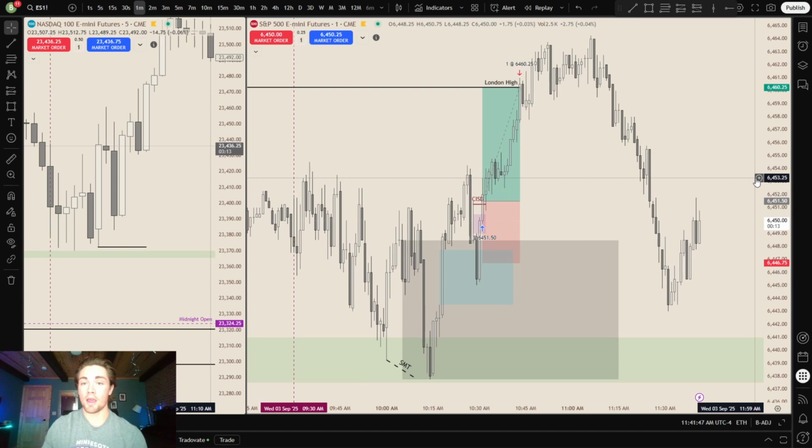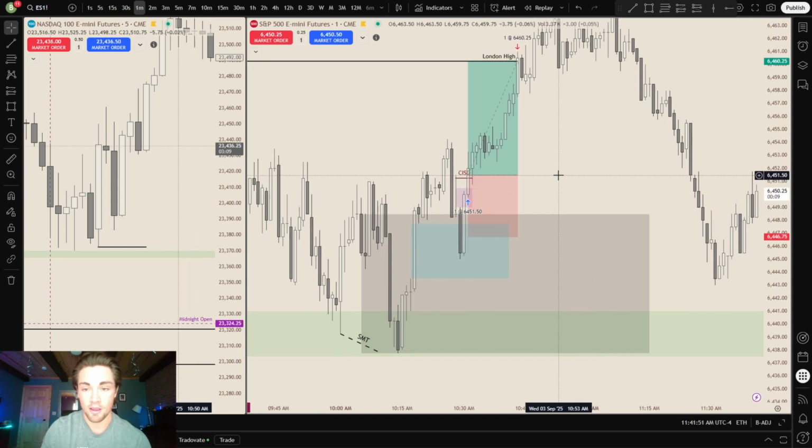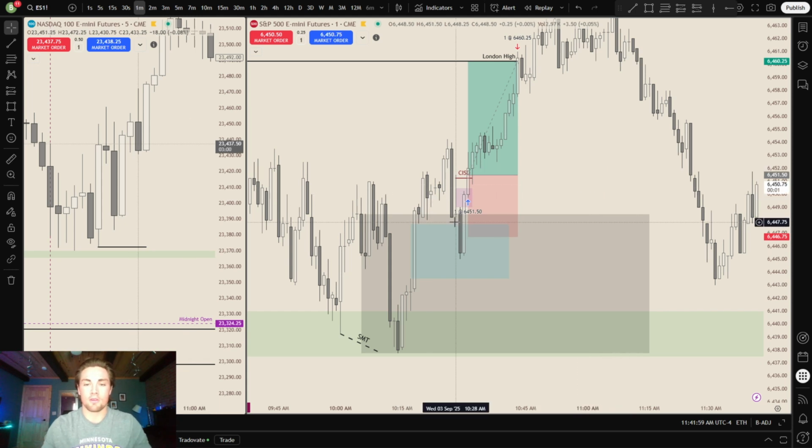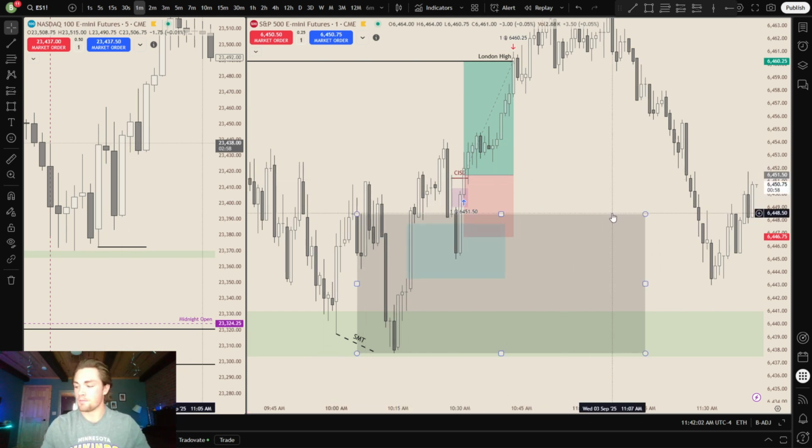I'm happy with the way I executed it. Nothing much I'd really change about it other than maybe use a little more risk, but that's not a big deal. I'm fine with the decision to de-risk. There was reason behind it. So overall, plus $850 on the day, and I'll see you guys in any more trade recaps this week.